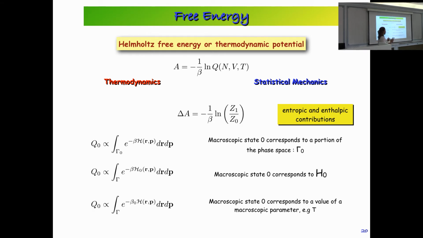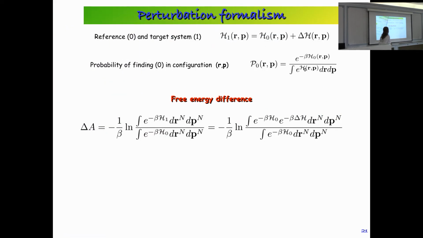So those are possible ways of imagining different states. What you can do as a way to calculate this ratio is to use a perturbation formalism. So you run in one state. In this state you have, let's say, a given Hamiltonian H0.